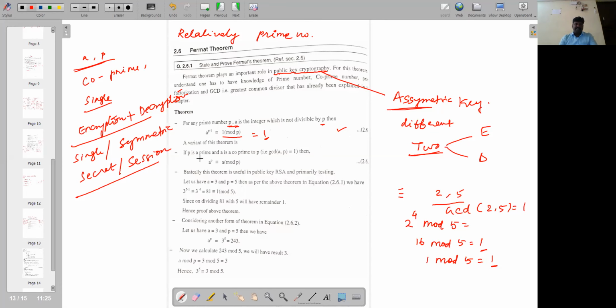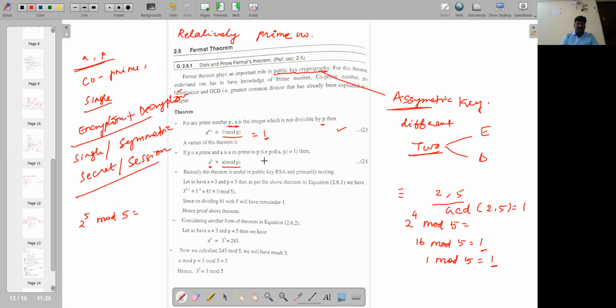And the second one is very similar. When we use the same numbers, if the two numbers are co-prime or relatively prime, then a power p is congruent to a mod p. The value I have selected here for a is 2, and p is 5. So 2 power 5 mod 5 is equal to a mod p, where a is 2.